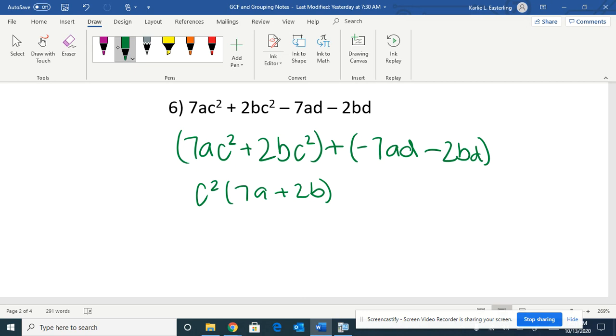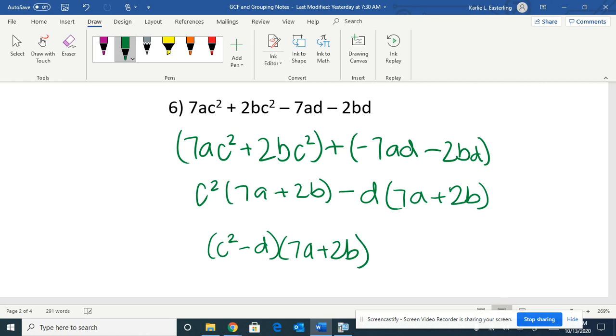Over here, negative 7 and negative 2, we can pull out a negative 1, so I'm going to change that to a negative, and I'm also going to pull out the d because that's the only variable they share. So I'll be left with 7a plus 2b, giving me my final answer of c squared minus d times 7a plus 2b.